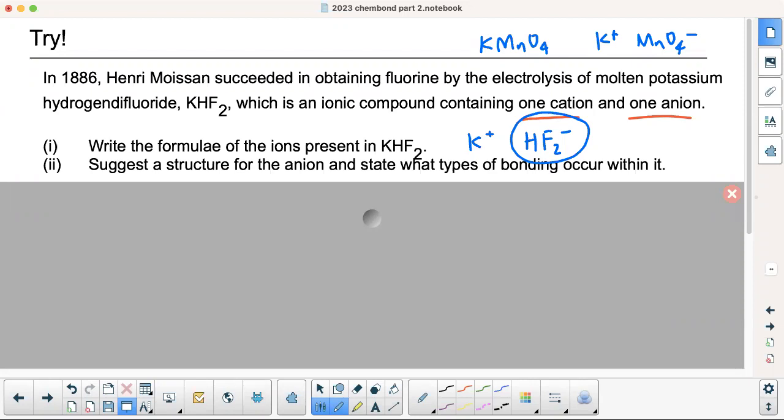So that's why this question is very, very tricky.